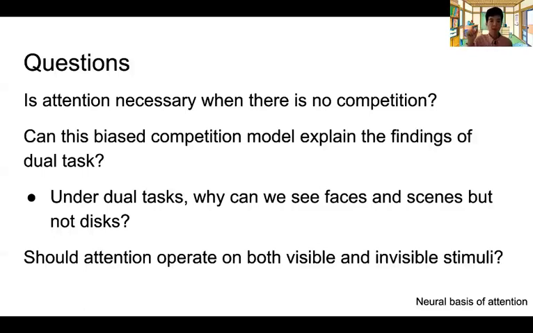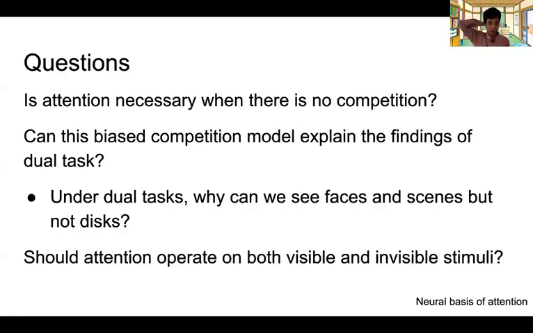In both cases, it seems like there is a lot of competition going on, but only in the case of the red-green discrimination do we seem to be unable to see without attentional amplification. So there seems to be something more than biased competition that attention is doing. And what that is is still unclear. Potentially it's binding, but it's a frontier of consciousness.